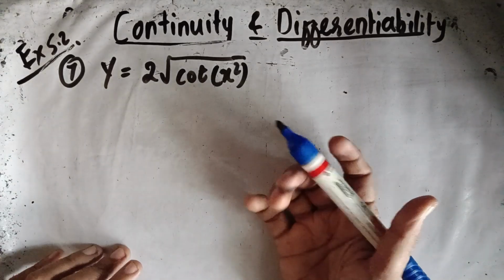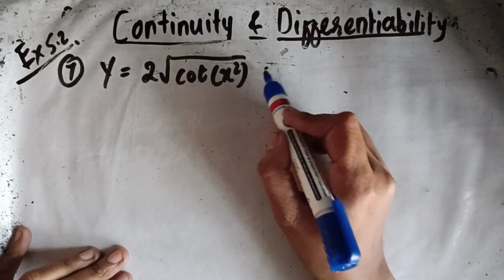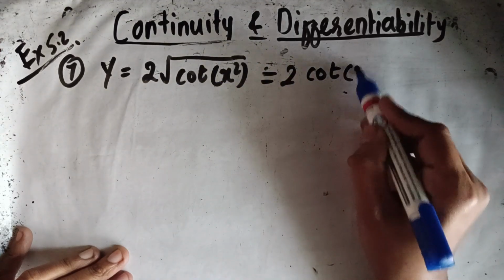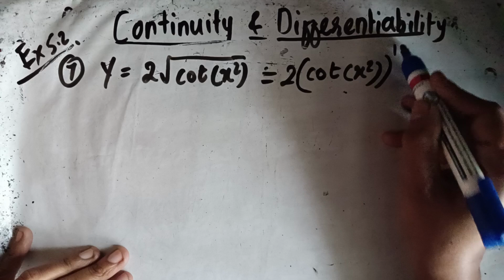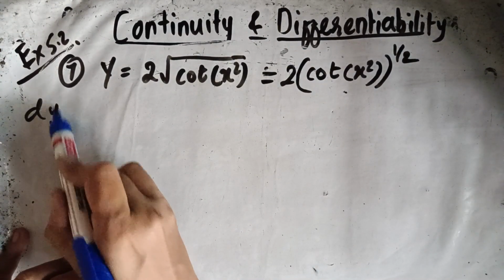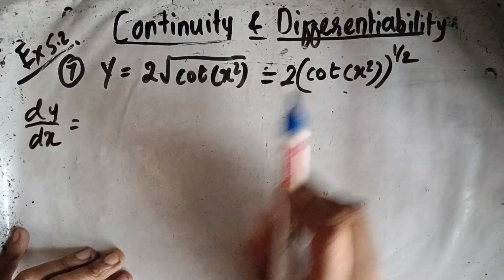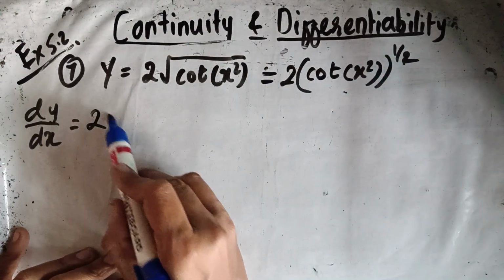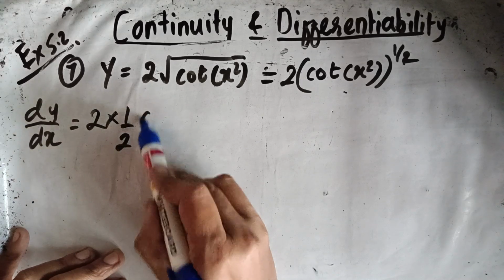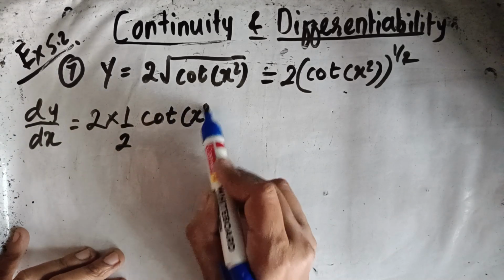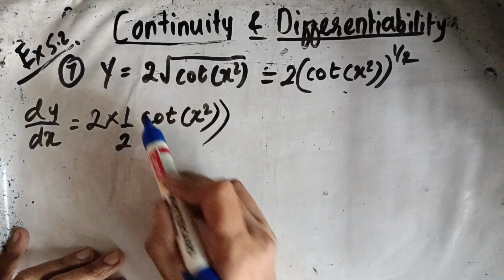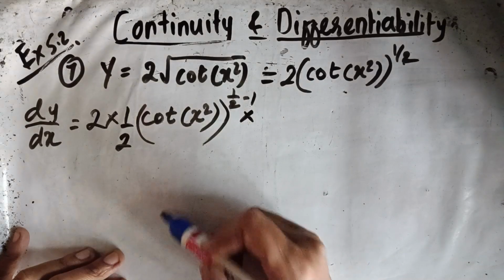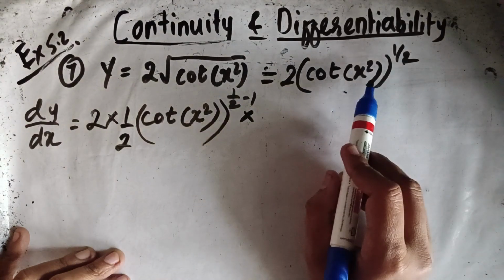Next question. 2 is a constant. This root we can write as cot of x square raised to half. So dy by dx is 2 constant, then you have to use this half: cot of x square raised to half minus 1, into the derivative of cot.